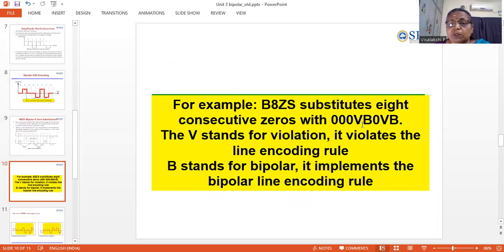Substitute 8 consecutive zeros with 000VB0VB. So the first 3 positions are considered low, and the fourth position is V for violation of the encoding rule, and B for bipolar, which implements the bipolar line coding rule here, and then 0VB. So 000VB0VB is the pattern used in B8ZS. Why is it called B8? Because it considers only 8 data bits in the stream, and the pattern used is 000VB0VB.